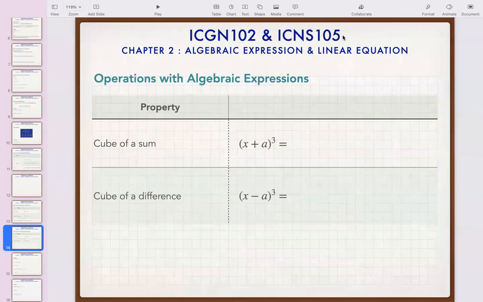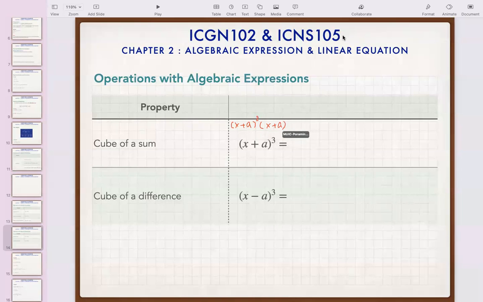On the next slide it will be the cube of a sum. That means you have two terms that are added together and then you cube it. So in order to solve this one, it is equivalent to (x plus a) squared times (x plus a).